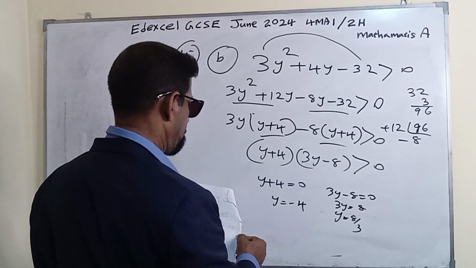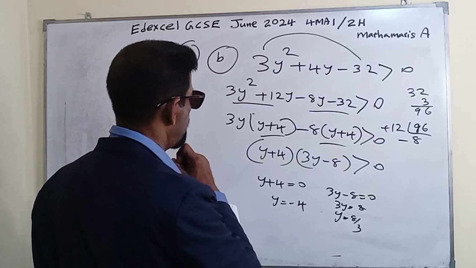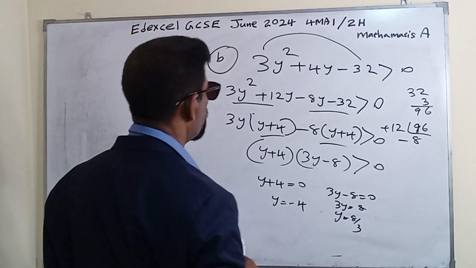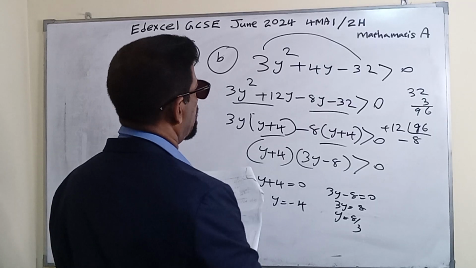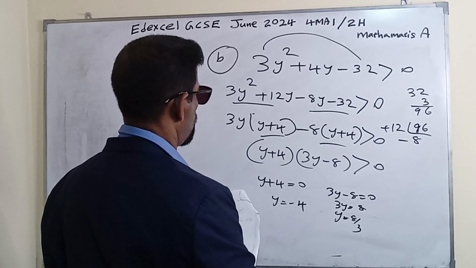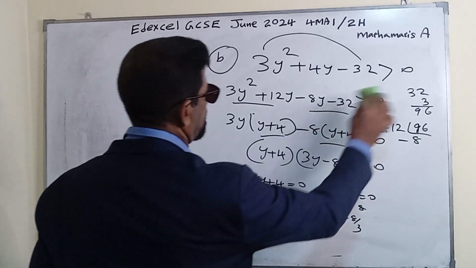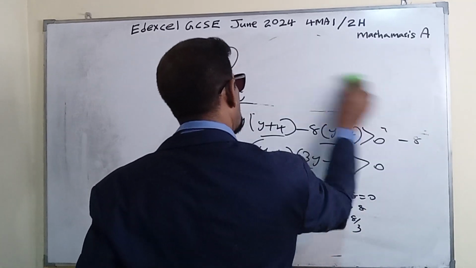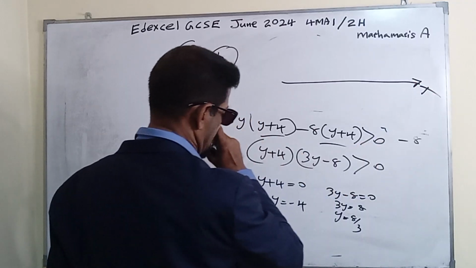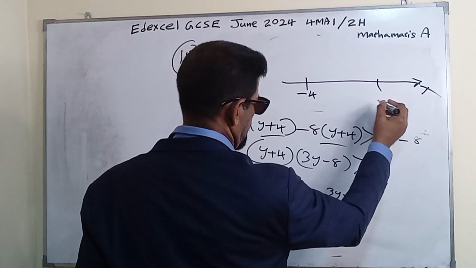So we are going to erase that. Put the axes, the y axis. So the graph roots come at minus 4 and 8 over 3, like this.